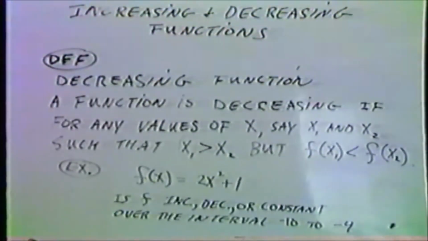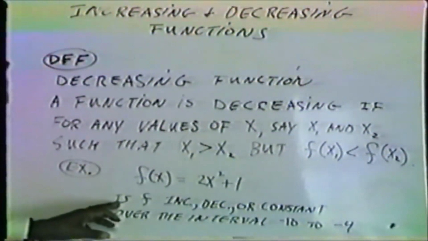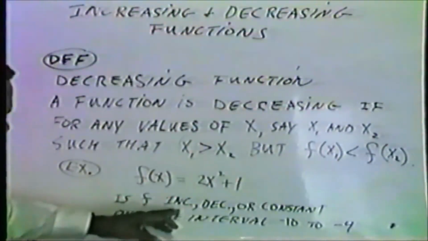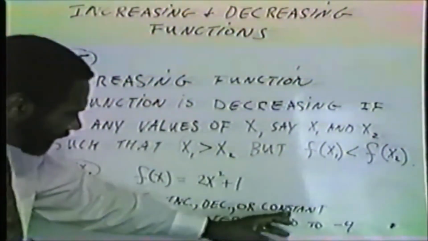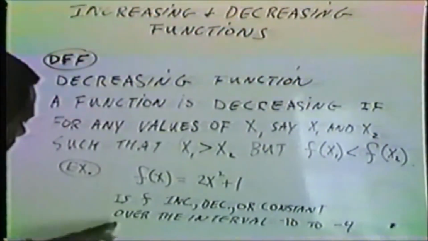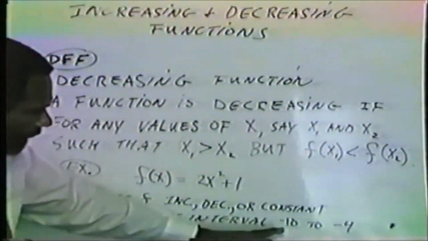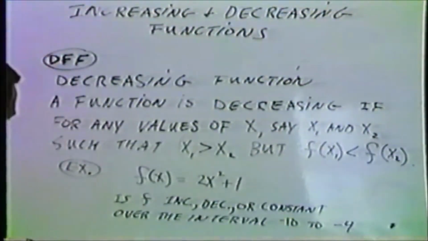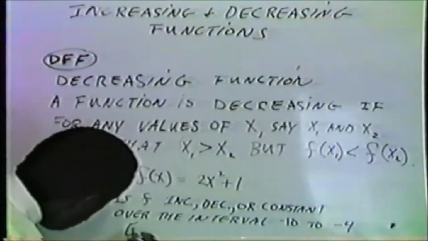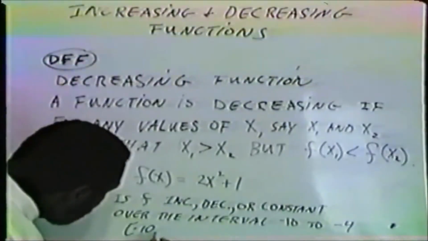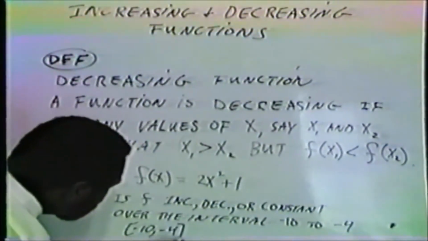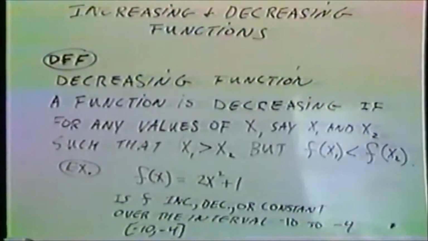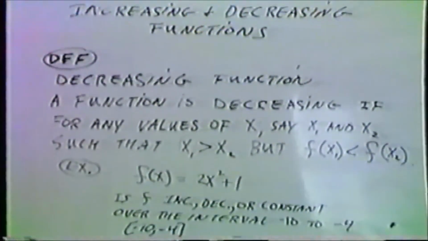We want to find out whether or not f is increasing, decreasing, or remaining the same, constant, over the interval from negative 10 to negative 4. So this is the interval that we're looking at, negative 10, negative 4. We want to know whether it is increasing or decreasing over that interval.